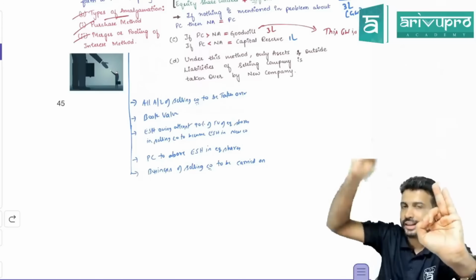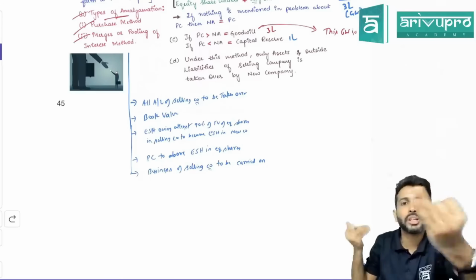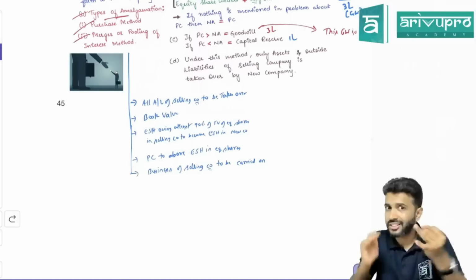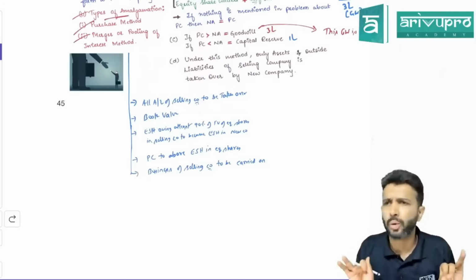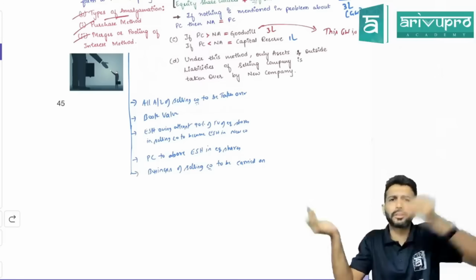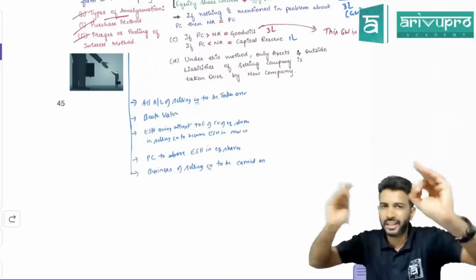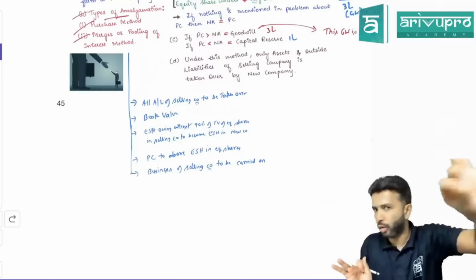It's not necessary they have to own 90% in the new company. They could own 5%, 20%, 90%, 100%, whatever, but they should become shareholders also in the new company.